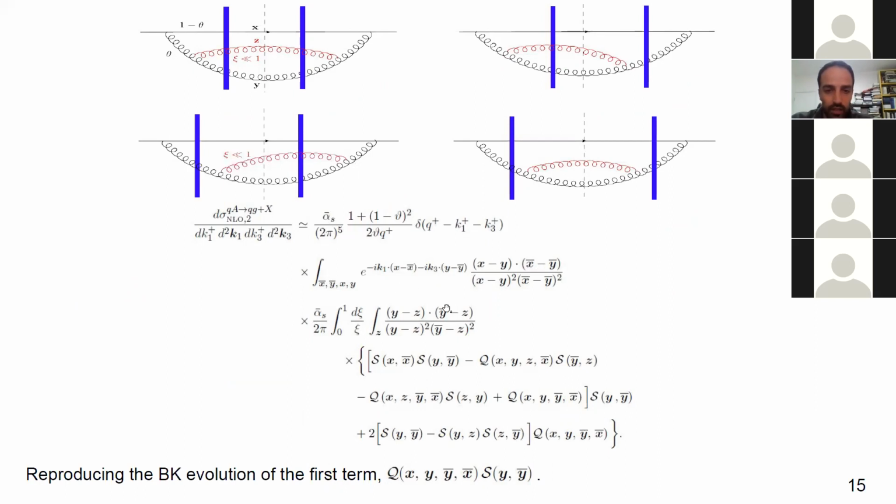And then in these last four lines, you can see the BK evolution of the first term, which was in the red box of the color structure of the leading order. The first term was a quadrupole dipole interaction, and this is exactly BK acting on it.